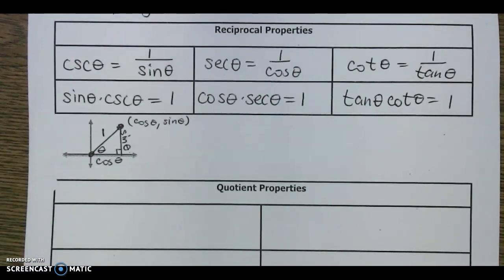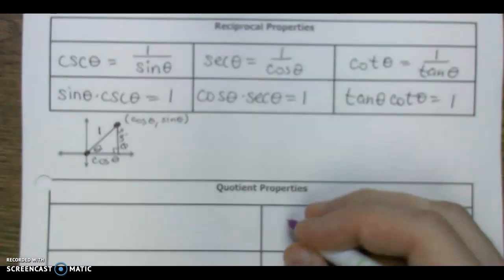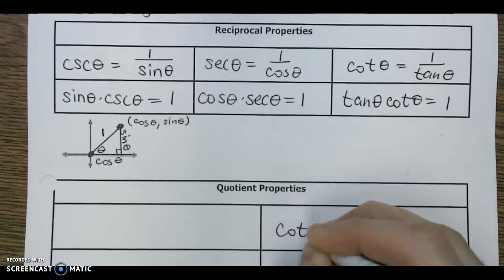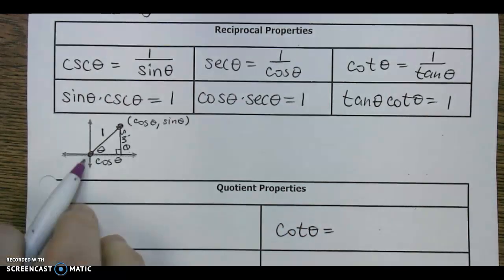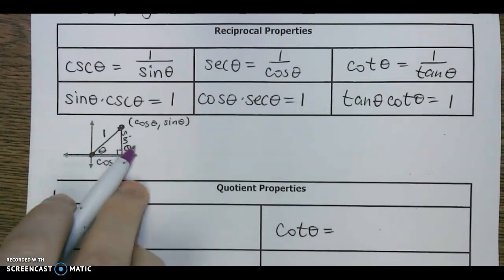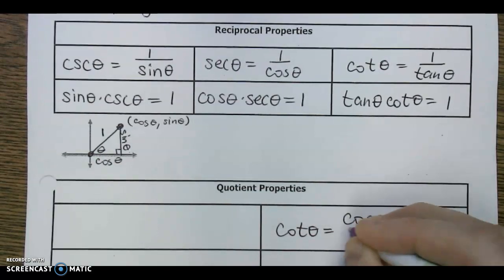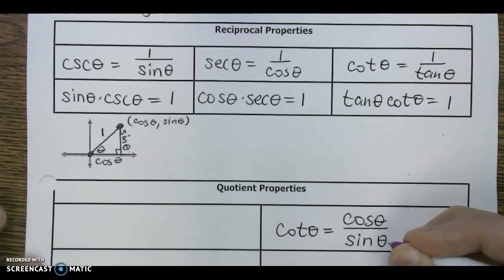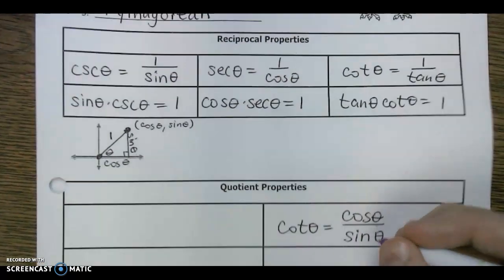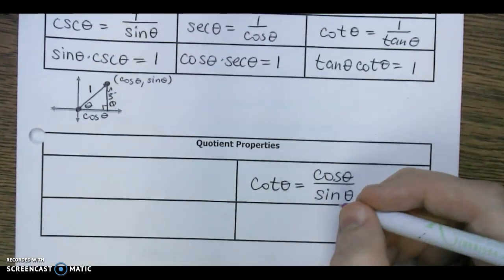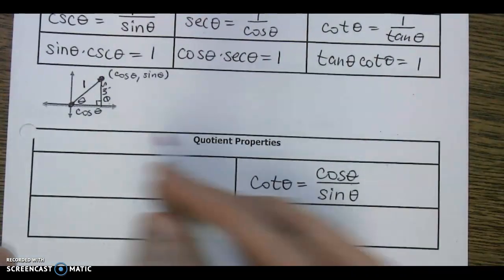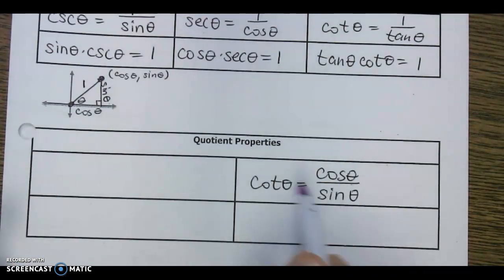If I want cotangent, we just said adjacent over opposite, cosine over sine. Now we also knew this earlier when we were doing our times test and our unit circle. So we didn't need the graph to know that, but now we can look at the graph and see why cotangent is cosine over sine.